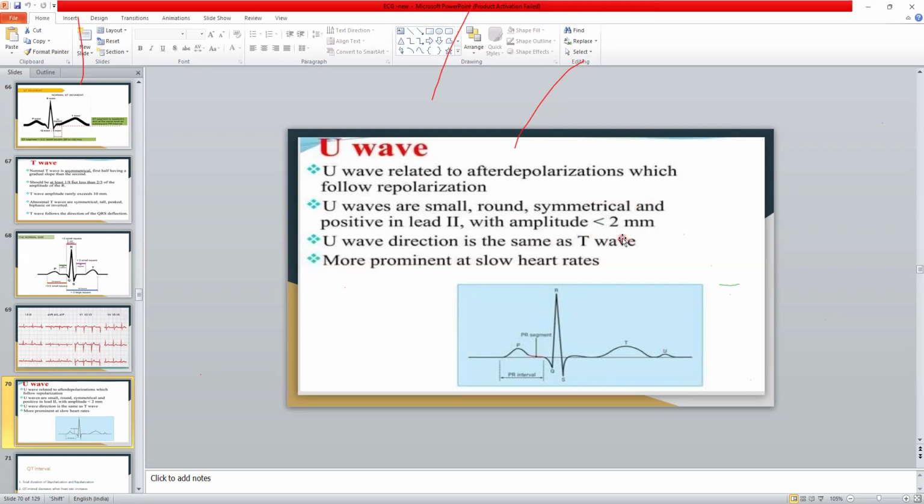It is very, very small. Usually the U wave direction is the same as the T wave. This is a positive deflection and here also a positive deflection. The U wave can be seen prominently in bradycardia, that is when the heart rate is slow.